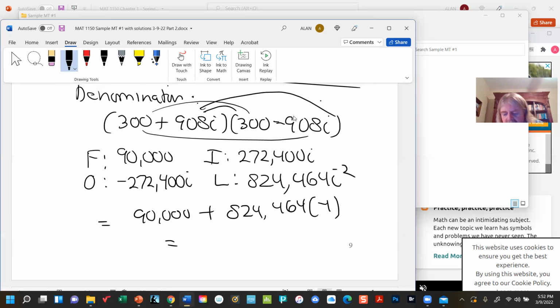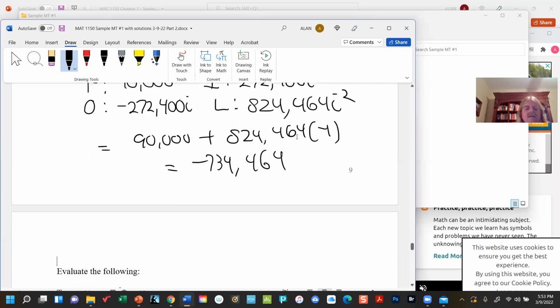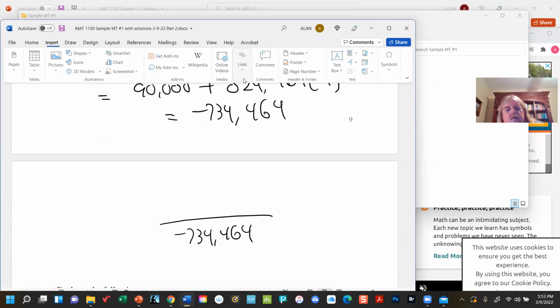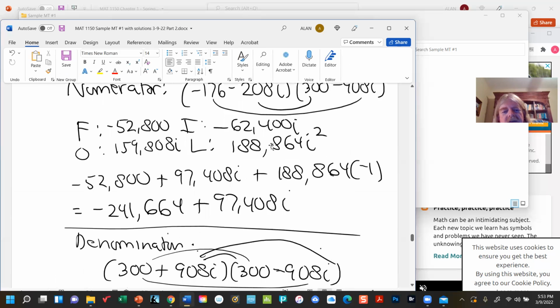Okay, so that gives us, in our denominator, minus 734,464. So finally, we can bring all this together. So there's our denominator. The numerator was, I now forgot, it was such a long time ago.